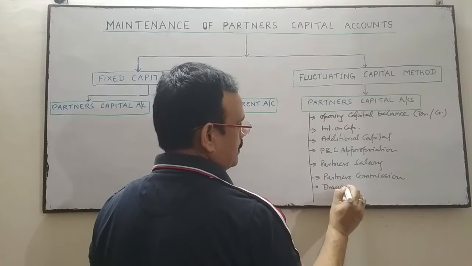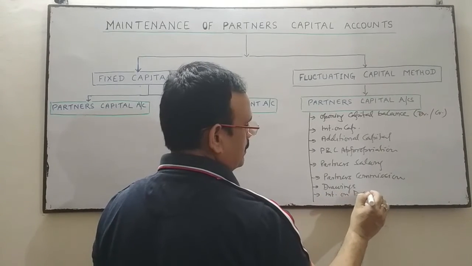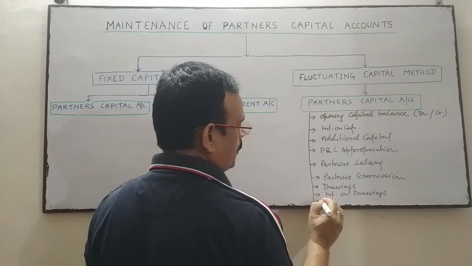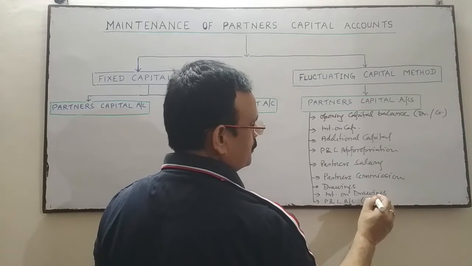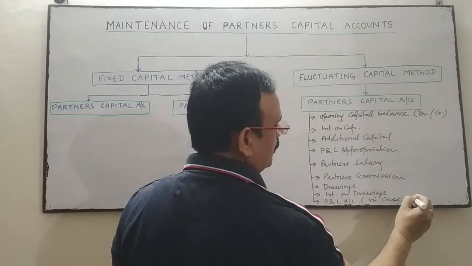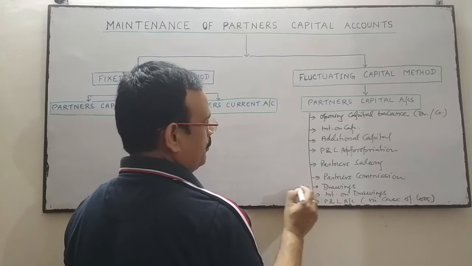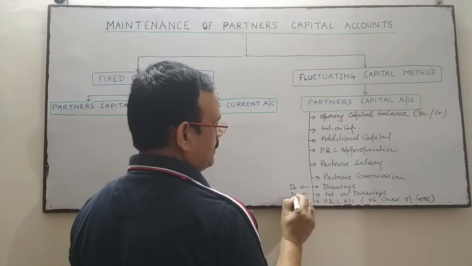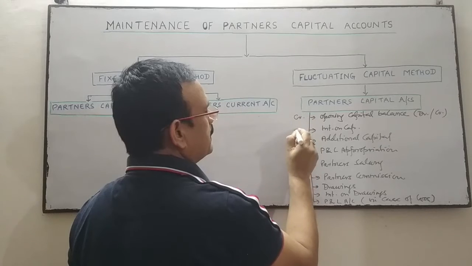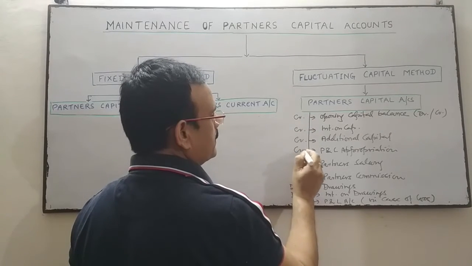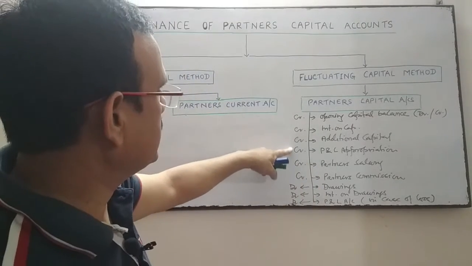Drawings, interest on drawings, or profit and loss account in case of loss, these three items will be posted in the debit side, and the other items will be posted in the credit side of partner's capital account.